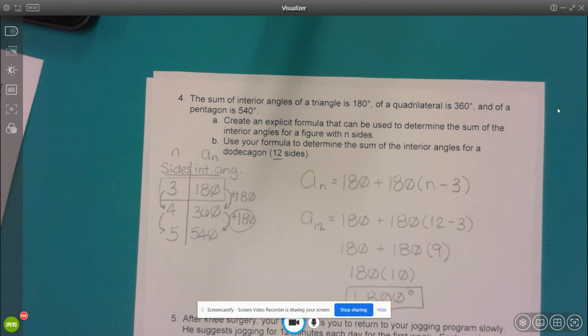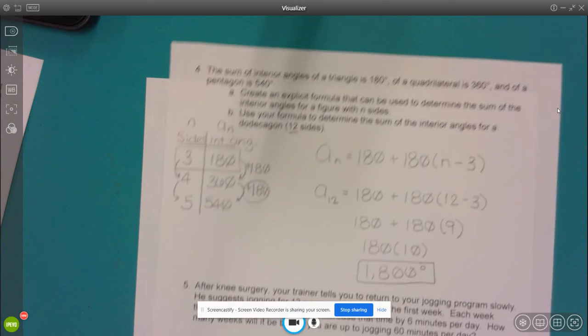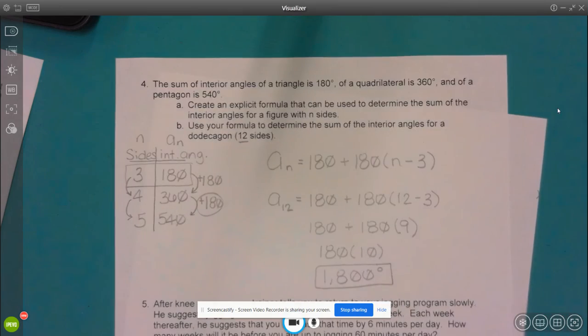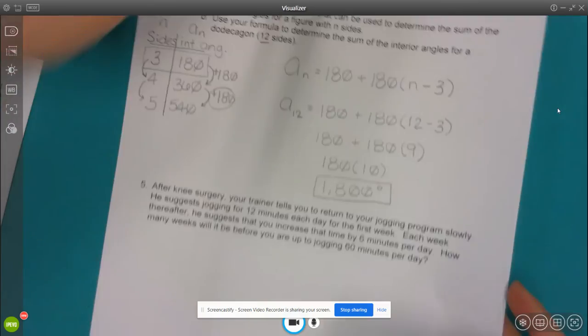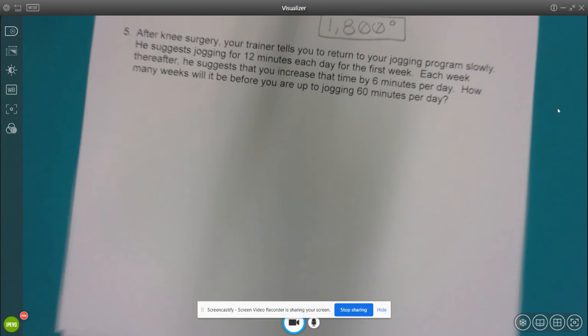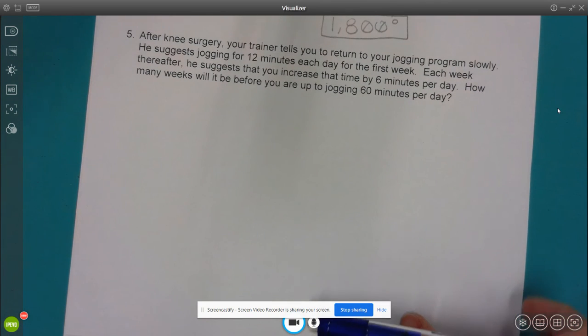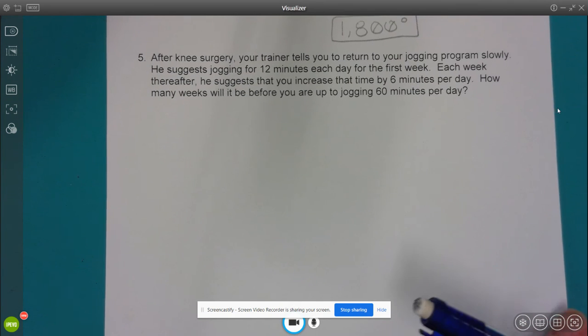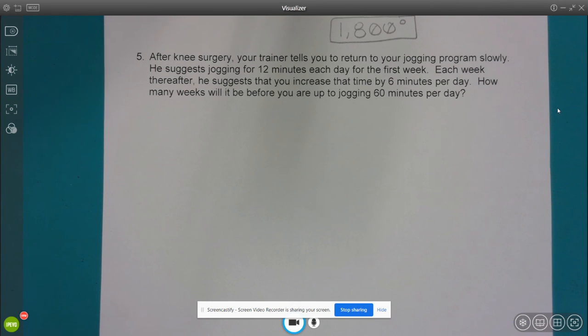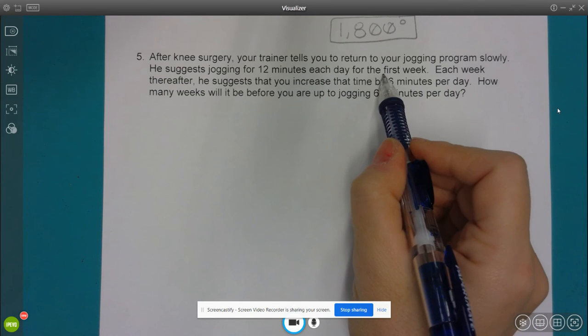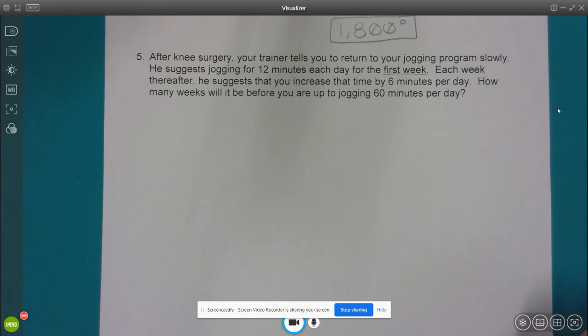And then last but not least, we've got this knee surgery question. Now this question, they tried to trick you because they gave you information about the first week, and then they gave you information about what's happening each day. So you have your surgery, and then for the first whole week, you're only allowed to run 12 minutes each day.